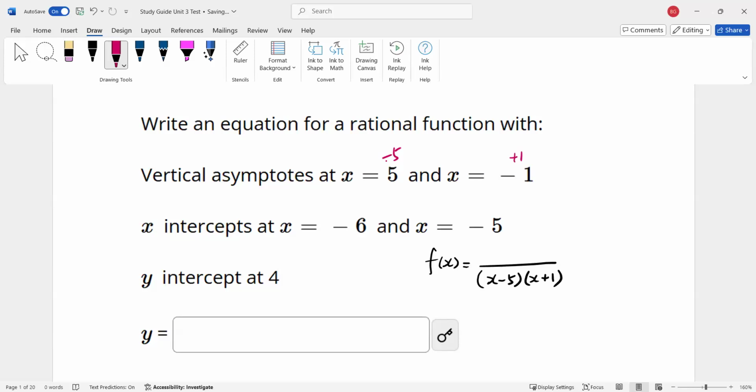How do we find the numerator? X-intercepts at x equals -6 and x equals -5, right? So let's take the opposite of the 2 numbers, +6 and +5. So the numerator is going to be (x plus 6)(x plus 5).